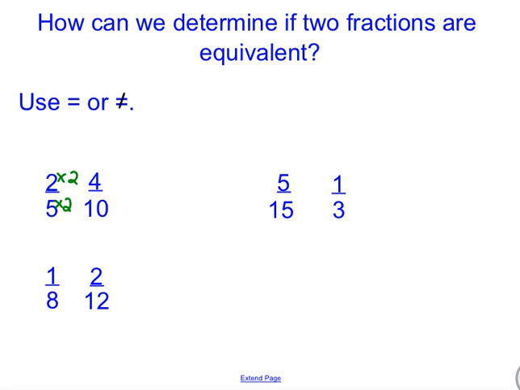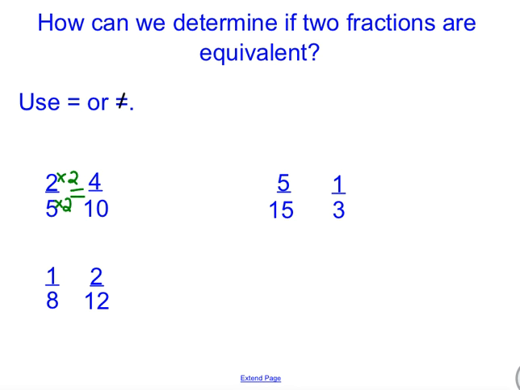And then 2 times 2 is 4. So far we're good. But you have to check the denominator. It has to work for both. It can't just work for the numerator or just the denominator. It has to be for both. So 2 times 2 is 4. Good. 5 times 2 is 10. Yes. So we can say that 2/5 is equal to 4/10.